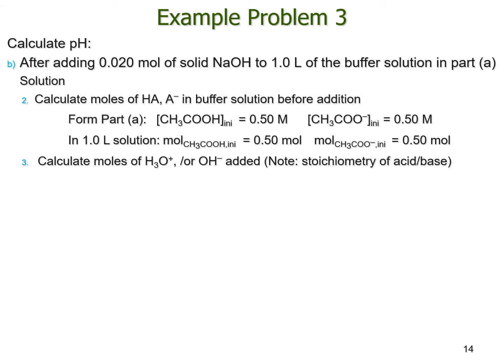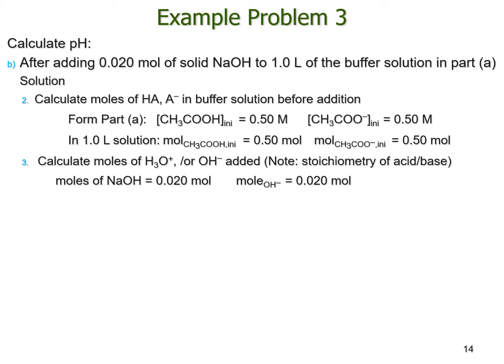Next step, we need to calculate how much of OH minus or hydronium has been introduced by the strong acid or strong base. So now we have 0.020 moles of sodium hydroxide according to the question.